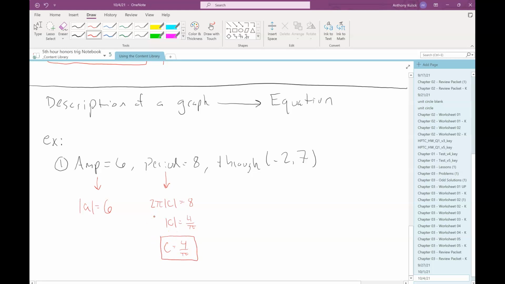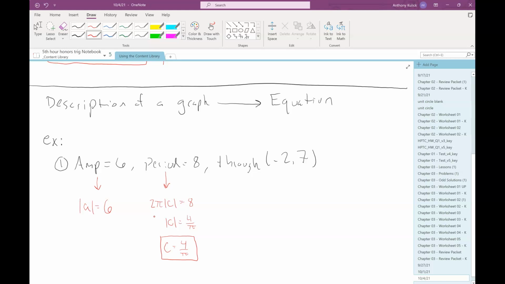Again, you could write an answer where C is negative, but in my experience, it never makes the problem easier and often can make it a little bit trickier. So I just choose to make my C positive all the time. Everybody's okay so far?